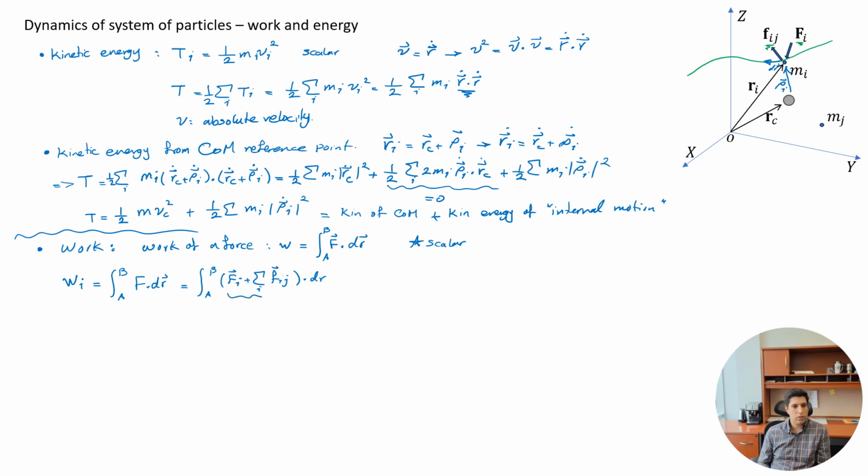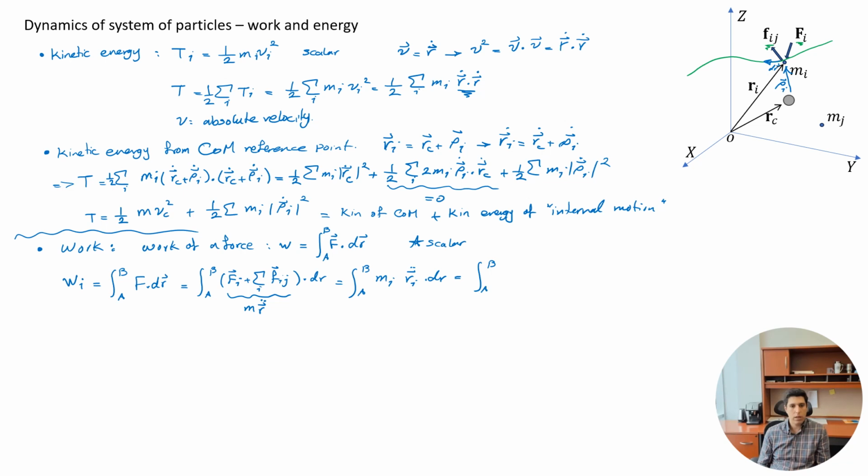And from Newton's second law, we know this is m r double dot. So what I have is the integral from A to B of m_i r_i double dot dot dr. I'm going to do a little bit of manipulation.